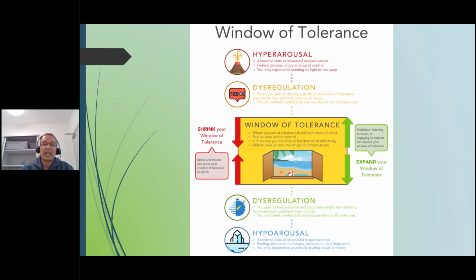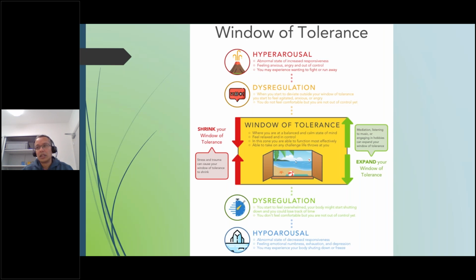Even though our window of tolerance keeps changing, it is within a certain limit. We can improve or increase the size of our window of tolerance by some practices. As you can see here, when we relax ourselves by listening to music, meditating, doing things that we like, going out in nature, these kinds of activities expand our window of tolerance. And then trauma and stress can cause our window of tolerance to shrink.